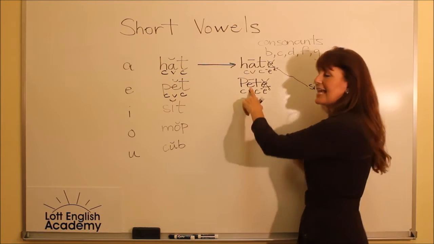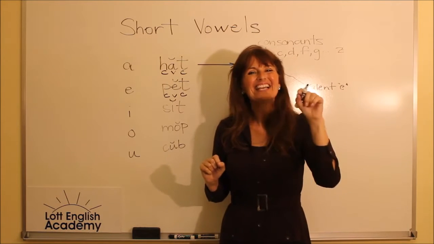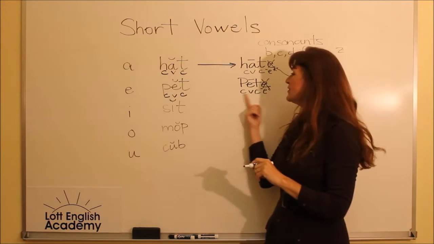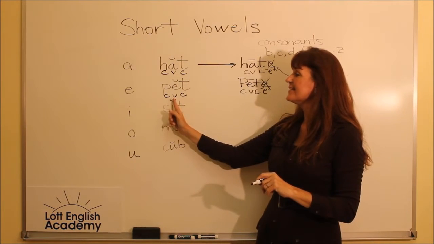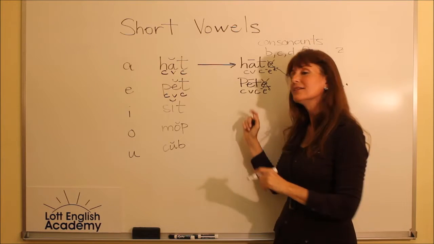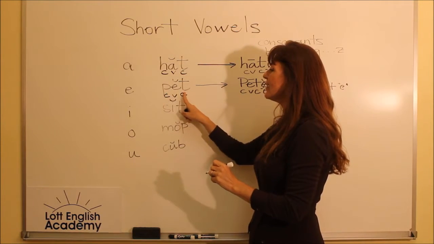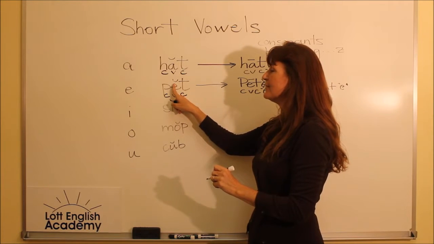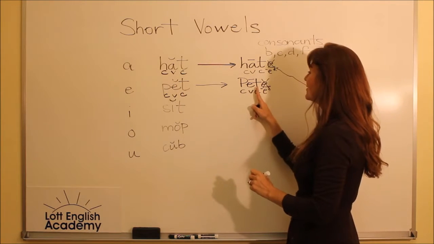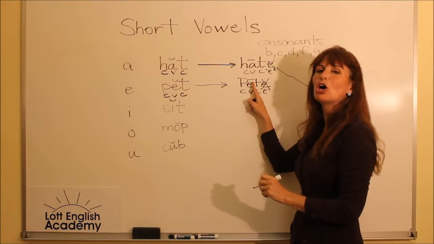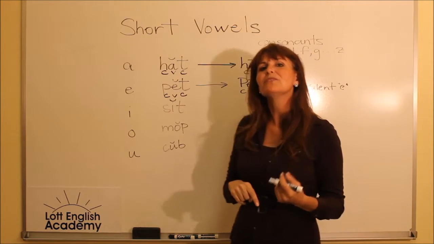This E is now long E, and this word changes from pet to Pete. So the pattern here is consonant, vowel, consonant, short sound, consonant, vowel, consonant plus E, long sound, which we learned in a previous video.